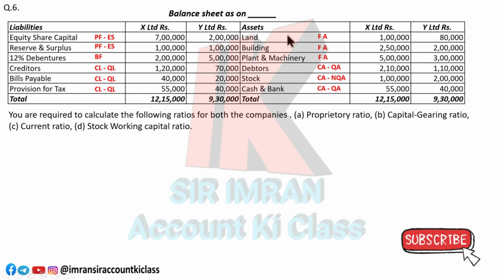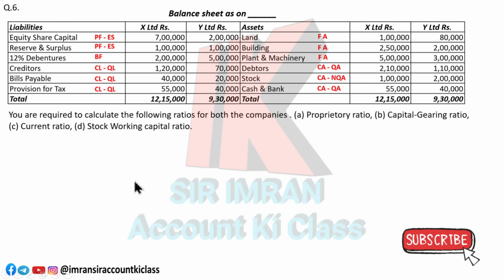On the asset side, land, building and plant are your fixed assets. Debtors, stock and cash at bank are your current assets. But in this, stock is a non-quick asset, and one more is prepaid or advance expense. The remaining others are quick assets.